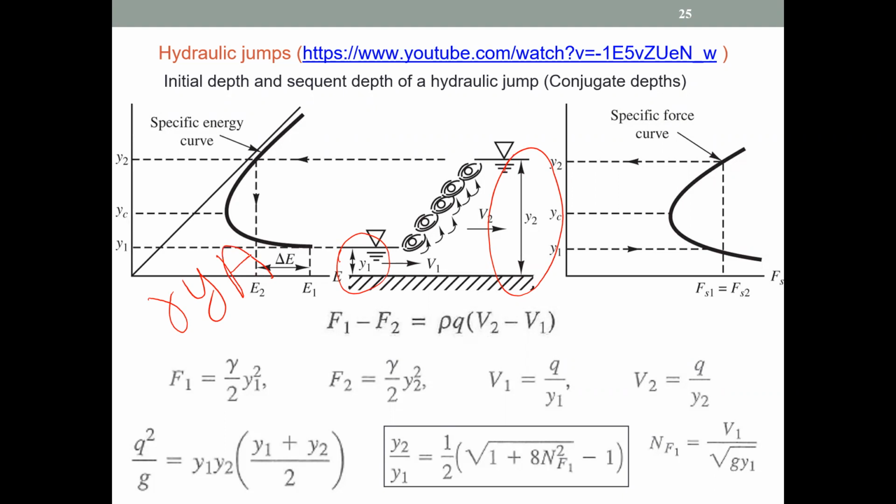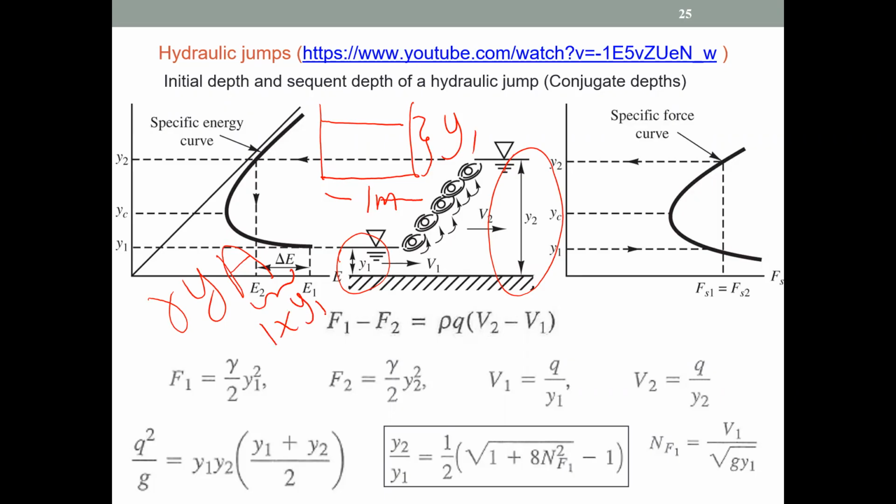Now I am considering a section with unit width. I will consider this as 1 meter unit width. And this is y1, right? So A is equal to 1 meter multiplied by y1. That is the unit width.